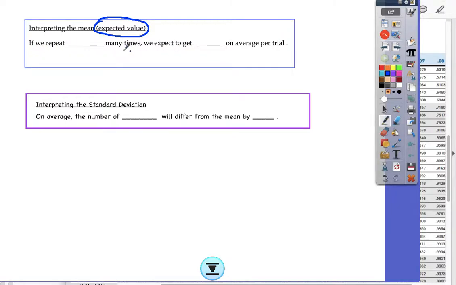If we repeat whatever the scenario is many times, we would expect to get that mean on average per trial. And this is how we interpret standard deviation. It's always an approximate average of how far things are away from the mean. Again, you can write those down and have them handy. Hopefully you have a sheet of interpretations that we've been slowly building.